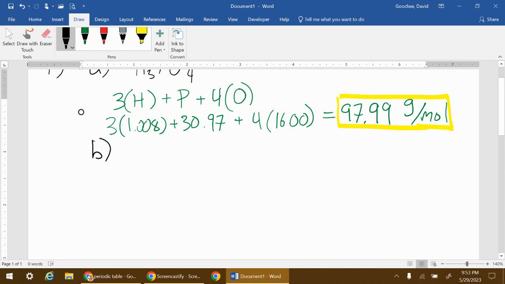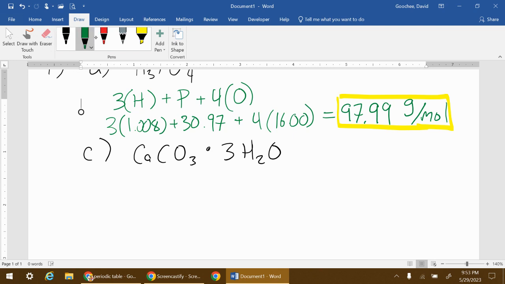Now 7B asked us to find the molar mass. Oh, no, we're going to skip B. That's easy. We're going to go to C. C is CaCO3 dot 3 H2O. This is a hydrate, so this is going to be a calcium plus a carbon plus 3 oxygens plus 3 H2Os.